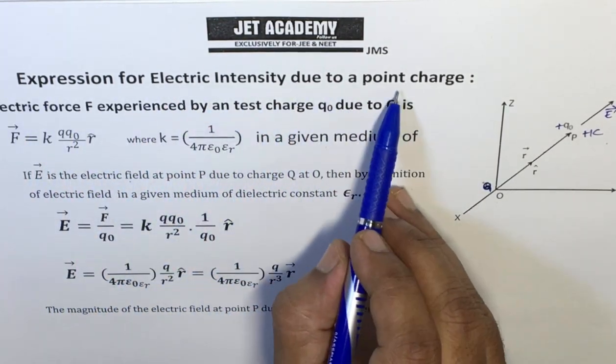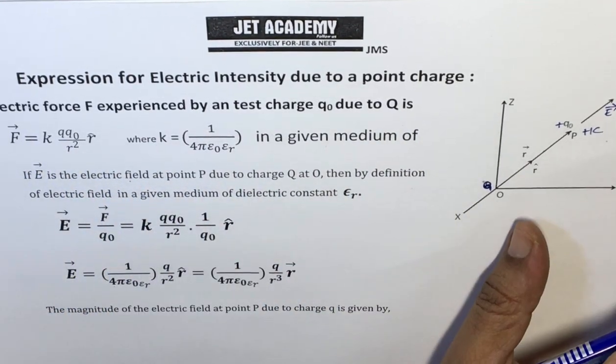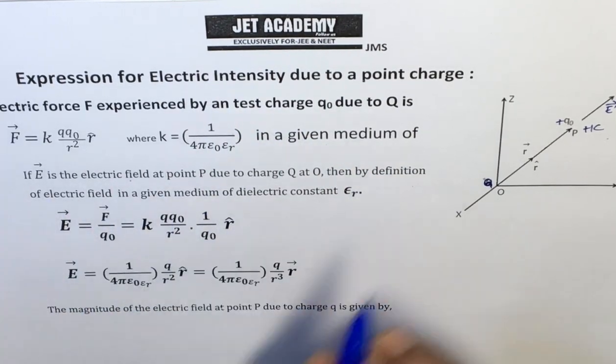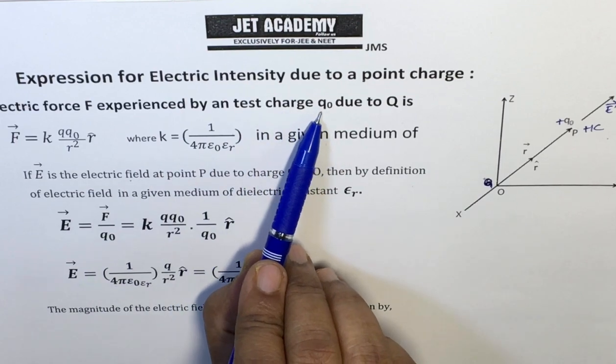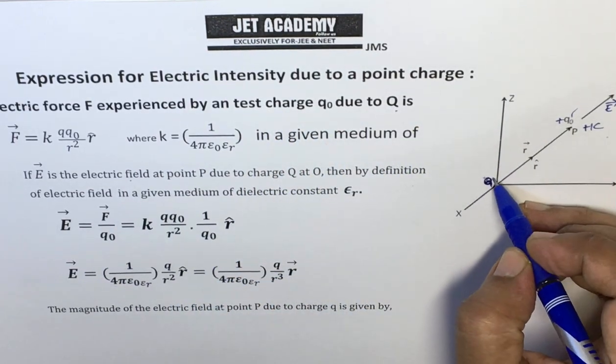Then the expression of electric intensity due to a point charge, the same thing, whatever I derived, I have printed here so that you can make the note very clearly without any mistake. Electric force F experienced by a test charge Q naught due to Q, the source charge.